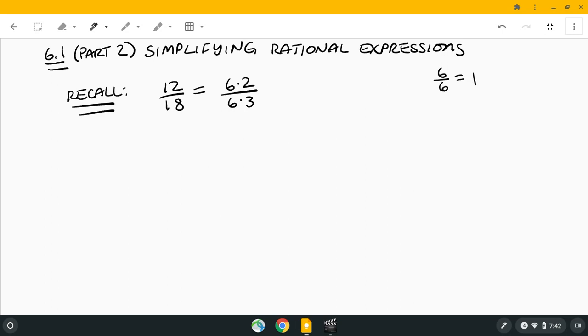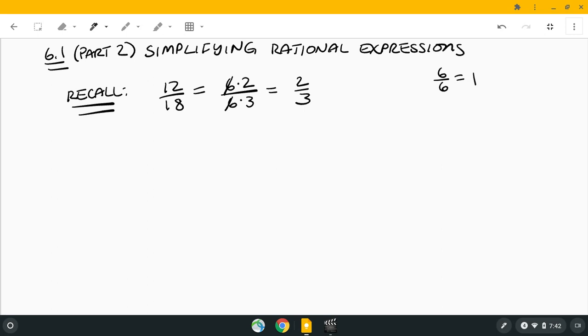Anything over itself is 1, for the most part. So you use that fact to cancel these out, and 1 times 2 over 3 is just 2/3. So that's how you were able to do it, but you just do it in your heads really quickly.